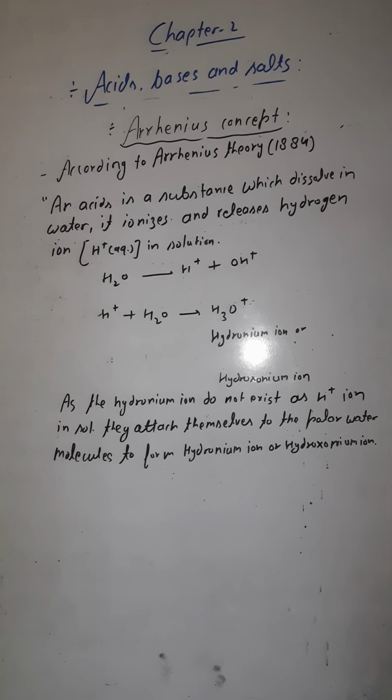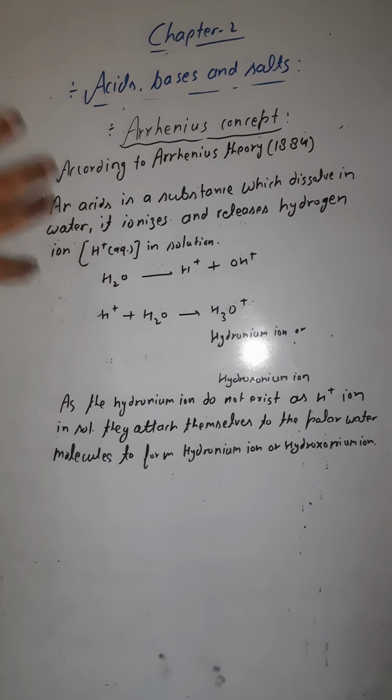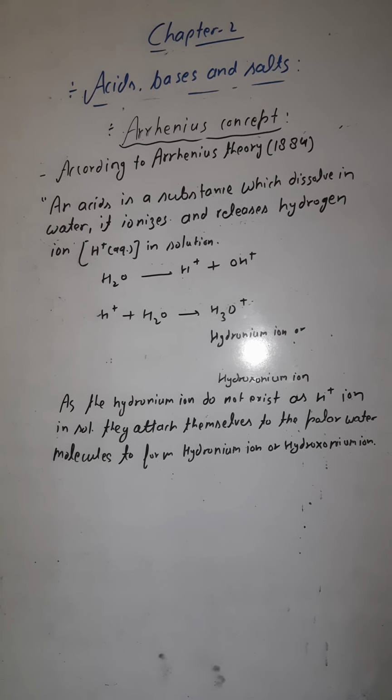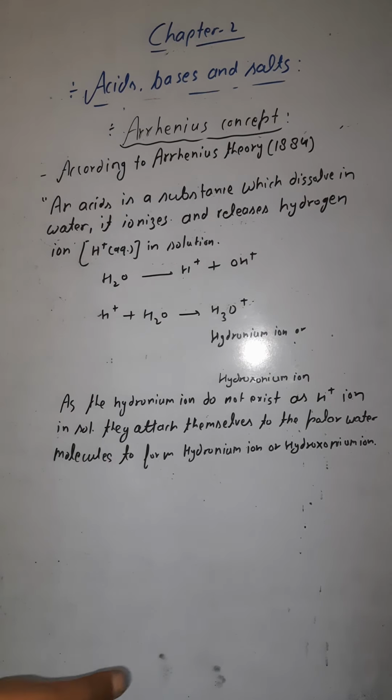Now we will discuss the Arrhenius concept of acid. Arrhenius put forward a theory, also called the Arrhenius theory, in 1884. According to Arrhenius, an acid is a substance which dissolves in water, ionizes and releases hydrogen ion in the solution.